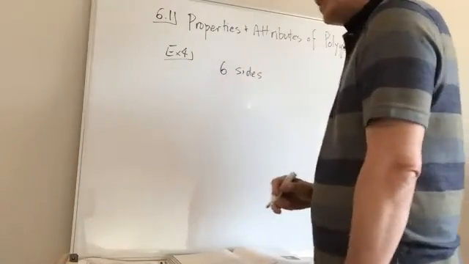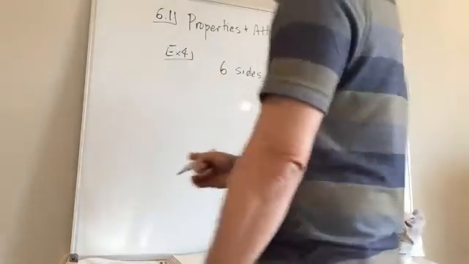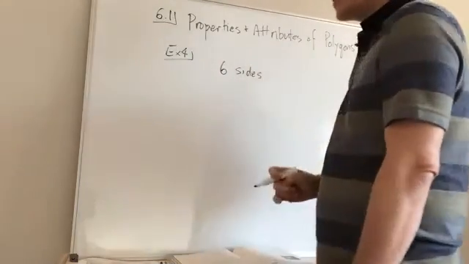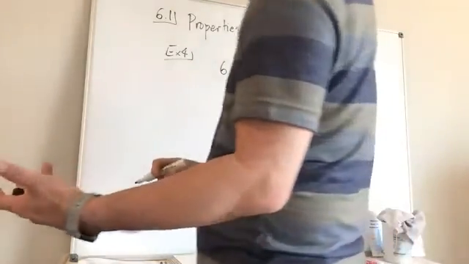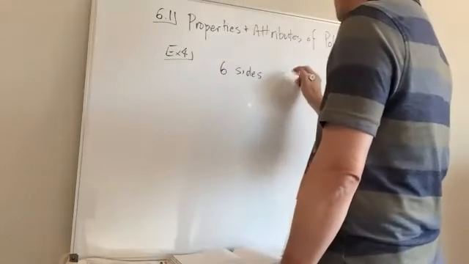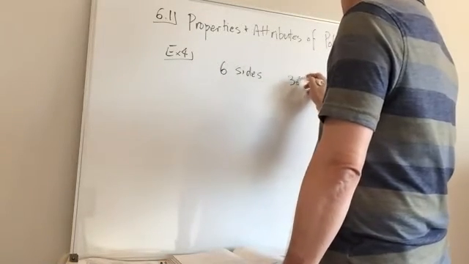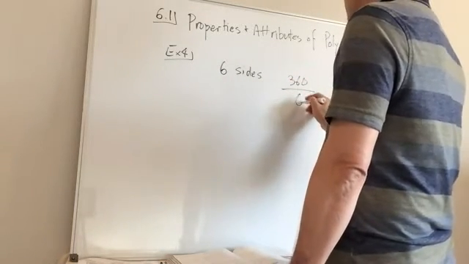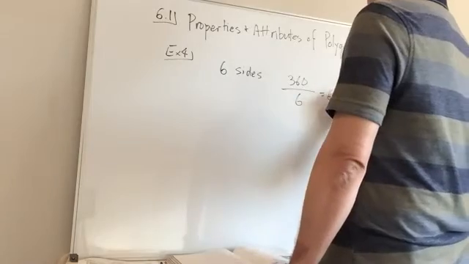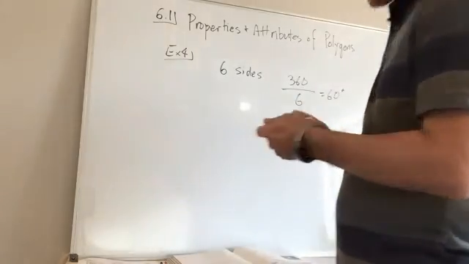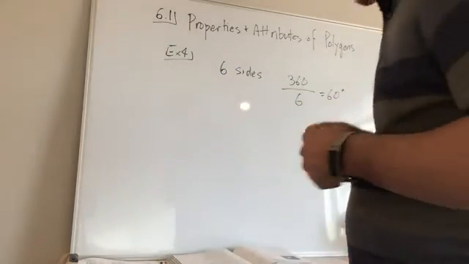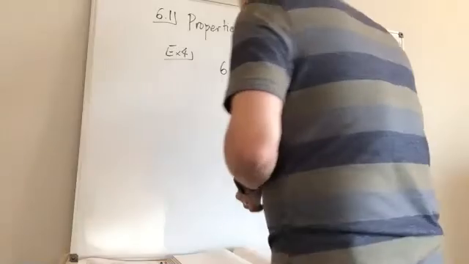Remember they said that there's going to be 1 on each vertex, right? So you're going to have 6 external angles. And since it's a regular one, they have to add to 360. So just divide by 6, you're going to have 60 degrees. So each external angle is going to be 60 degrees.